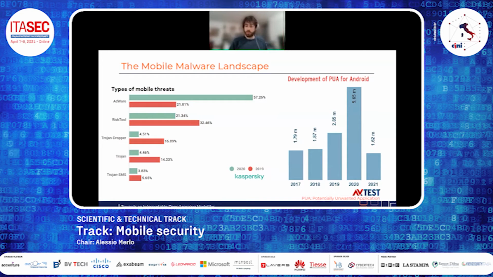This is probably because many users were forced to start using mobile banking, for instance, during the pandemic, when they weren't able to go to the bank. That is really attractive for attackers interested in stealing information, if there are more users using a specific app.